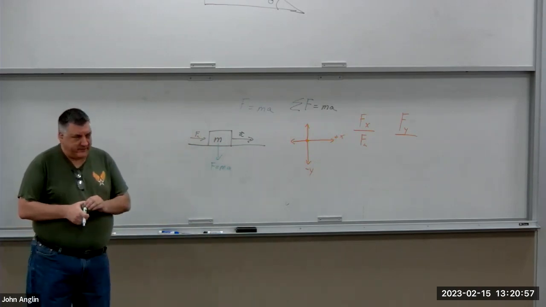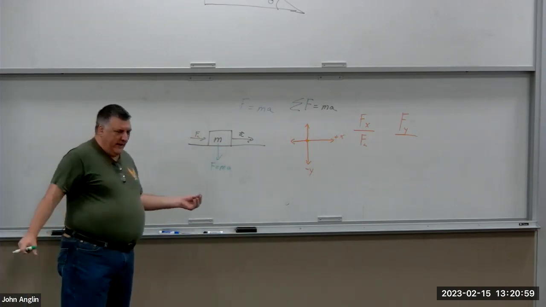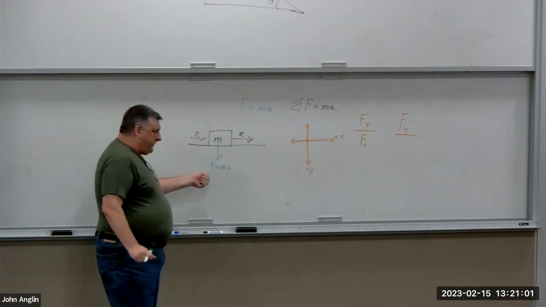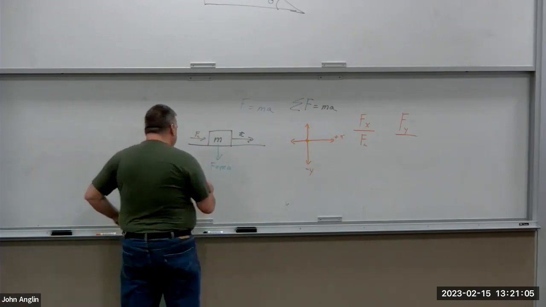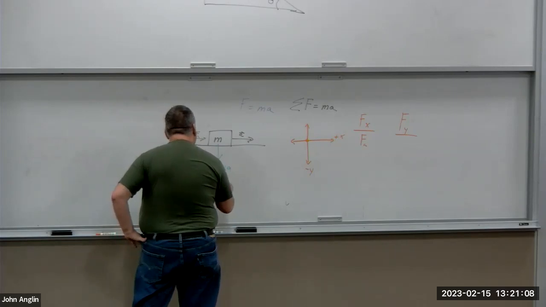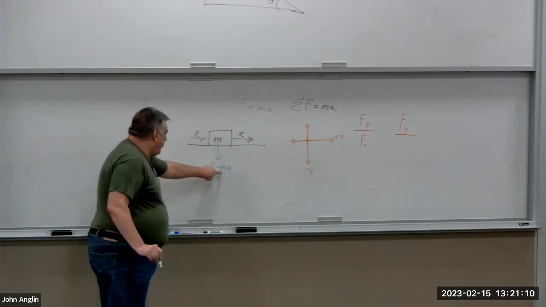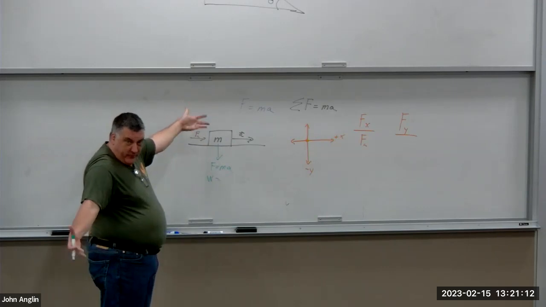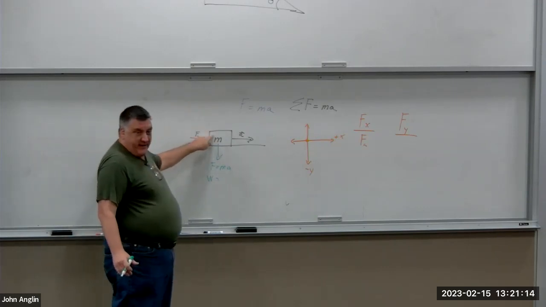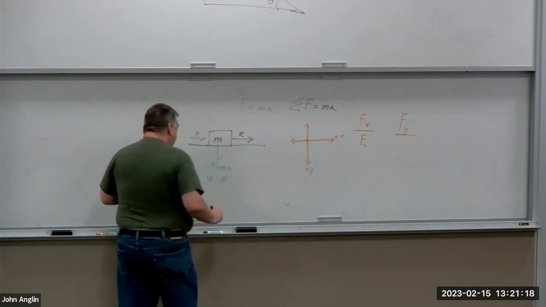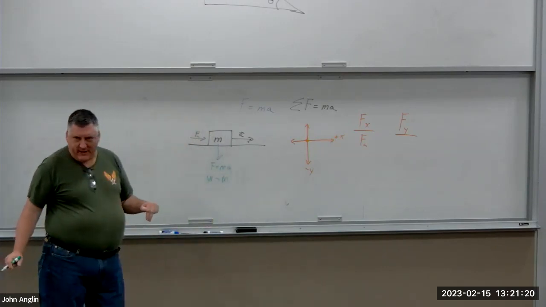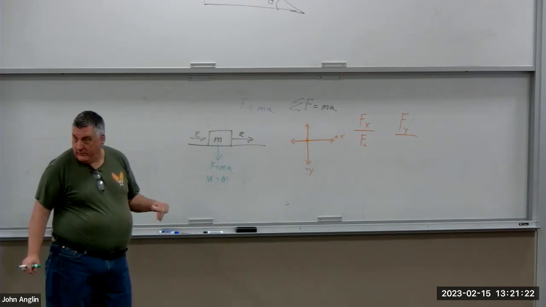Now, in this case, we're looking at weight. Weight is a force. Remember, I talked about that last time. So the force we want is the weight. It is equal to the mass, it's a force, so all forces are ma. The mass of the object, m, and the acceleration of the object in the Y direction.